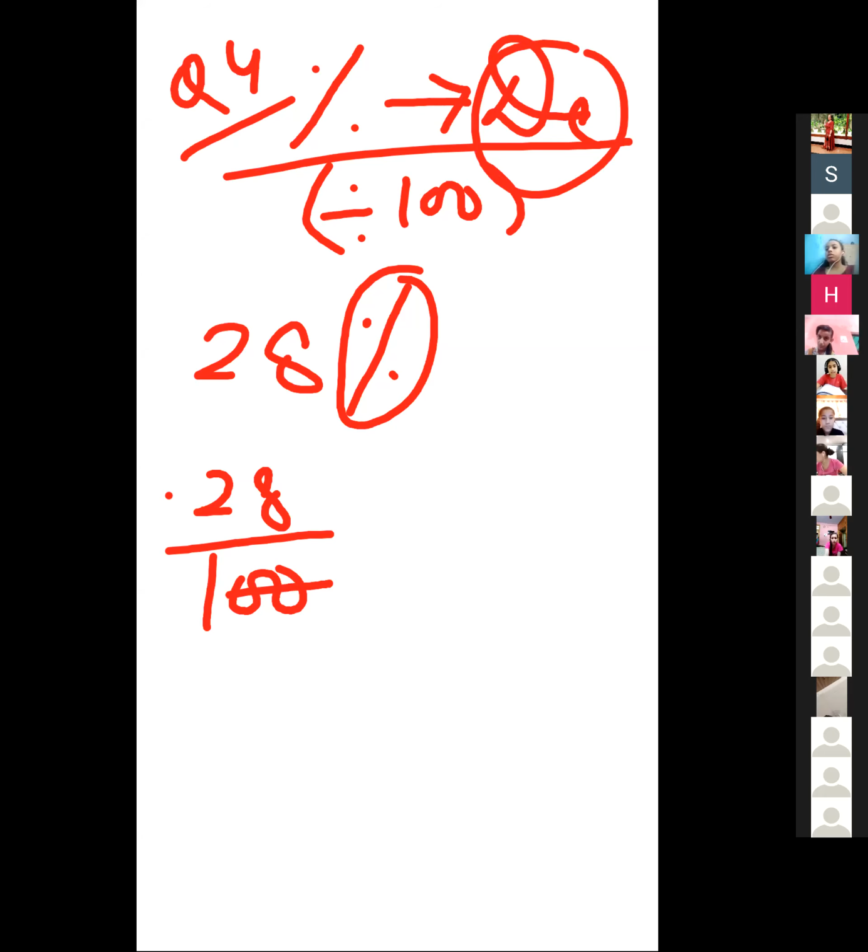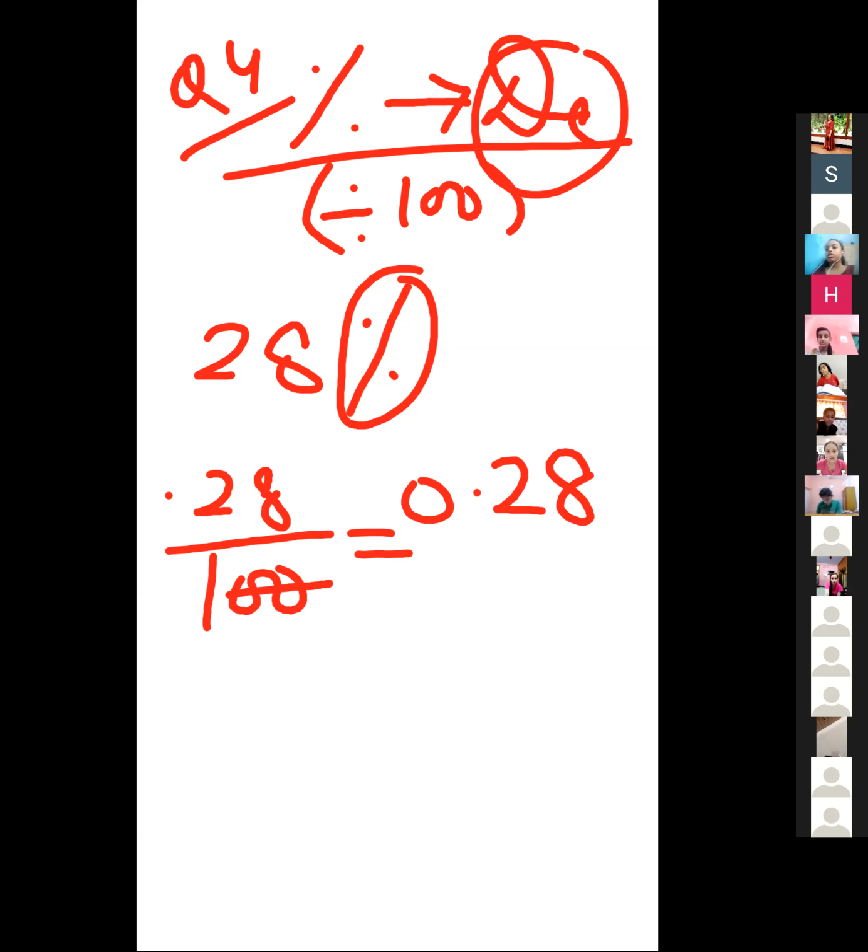Put point here. So what is your answer? 0.28. Very good. Some girls asked me, ma'am, why do we put this 0? It is necessary because this is a protection for the point. There will be a point, so no number before the point, so we have to put 0 for the protection of the point.